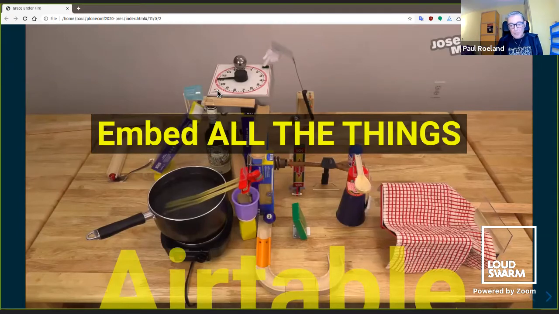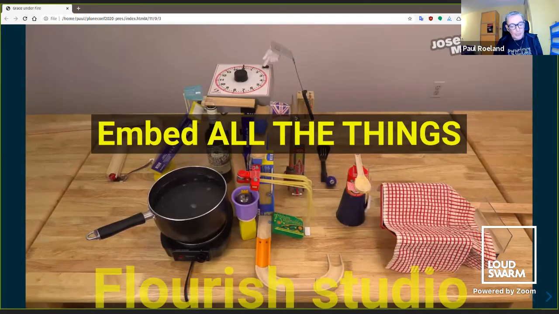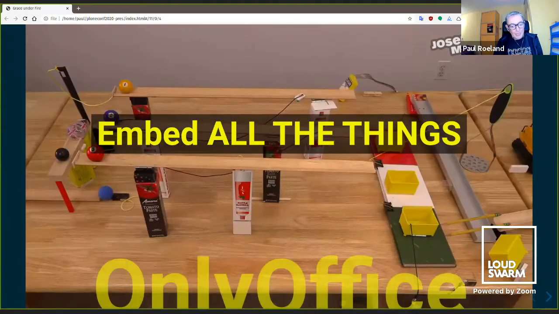We had to stick in Airtable, because we had to have an Airtable for various reasons. We had to have large databases that we could then also show and search live on the website. We use Flourish to make pretty graphs of those large databases, and they have to be embedded.